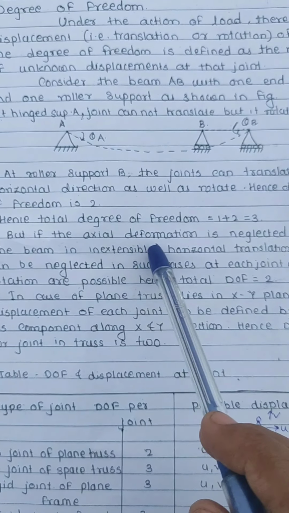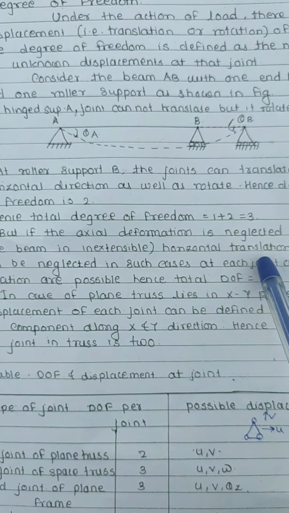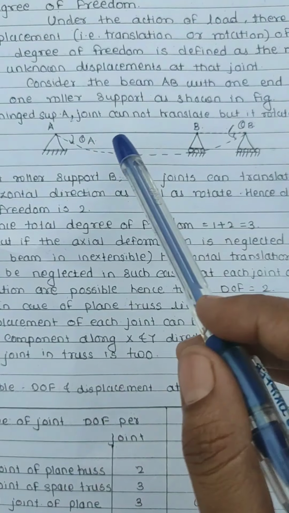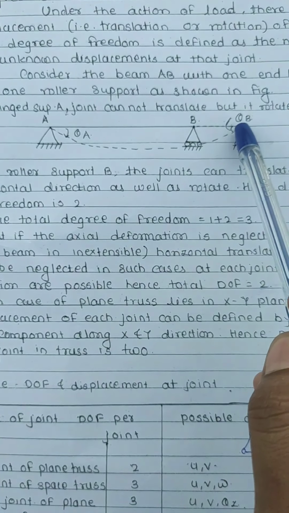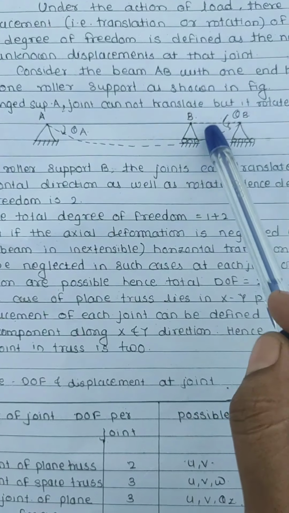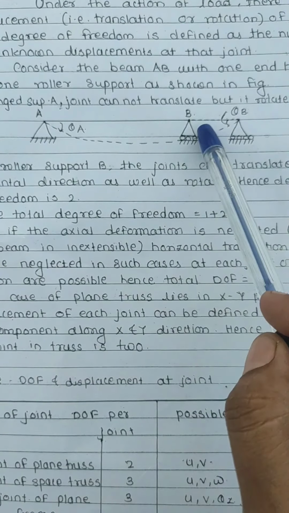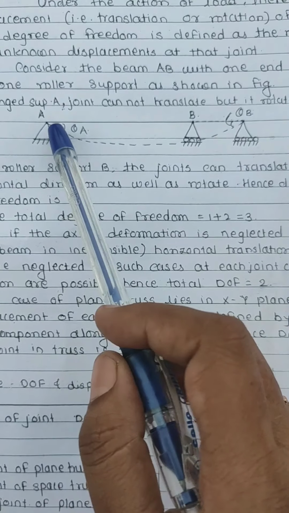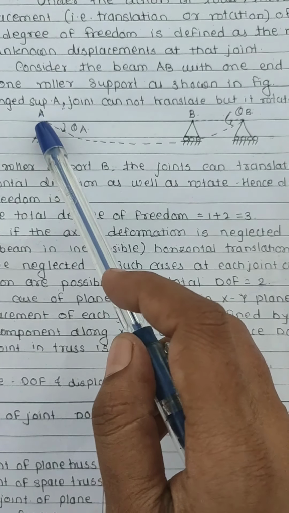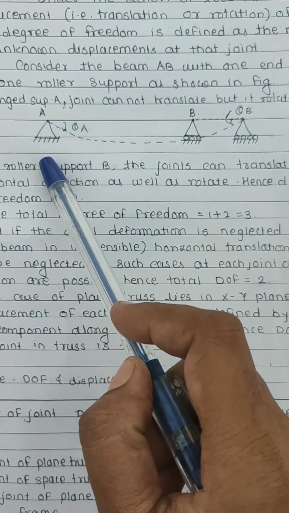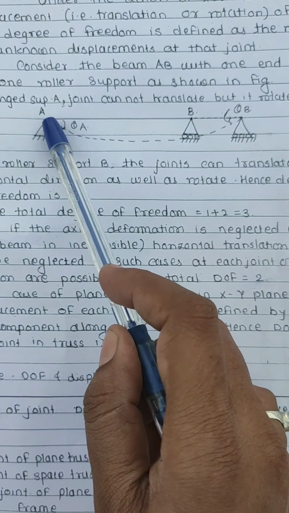Now we neglect the axial deformation, that is the deformation along the axis of the member. That is related to the second support, the roller support, because at A there is a hinge, so there is resistance in the horizontal direction. Reaction means resistance: one vertical reaction, one horizontal reaction.